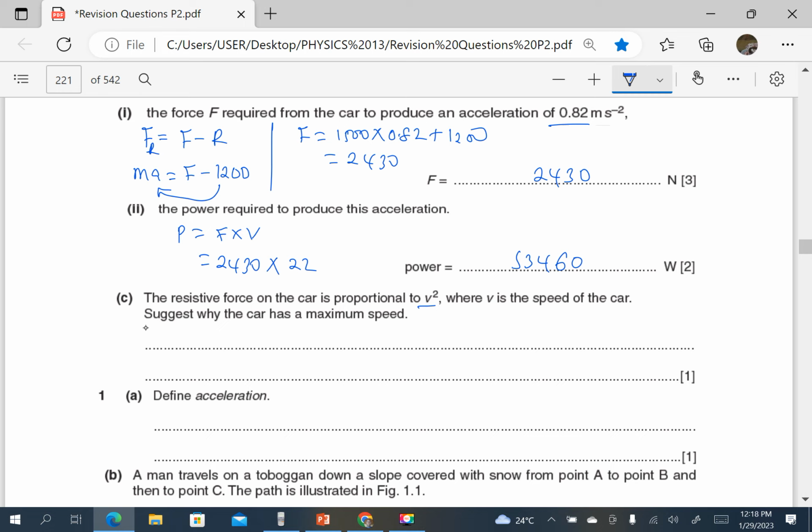The resistive force is proportional to V squared. Suggest why the car has a maximum speed. First of all, there is a maximum power from the car.